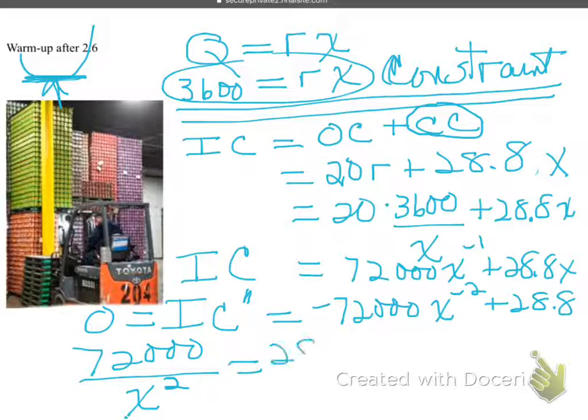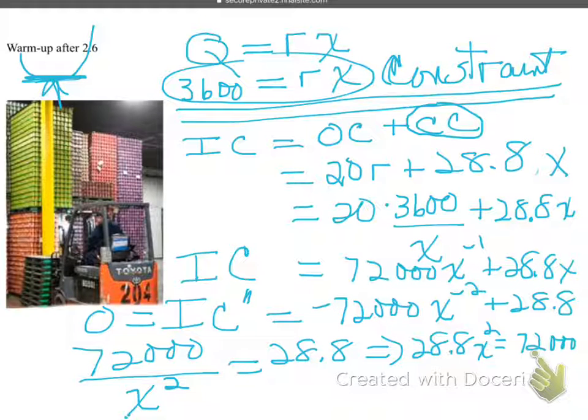That's going to equal 28.8. So now you can cross multiply. 28.8 times x squared gives me 28.8 x squared equals 72,000. Make sure you have all three zeros. Divide both sides by 28.8.